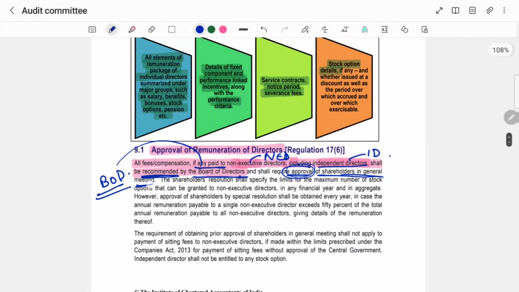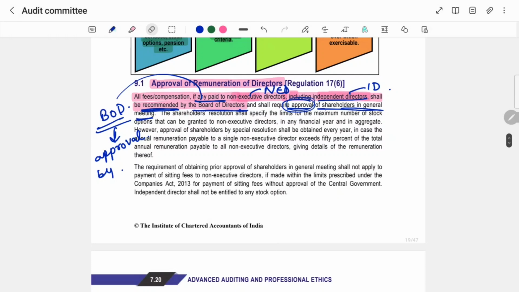Approval of shareholders in general meeting. Approval is recommended by board of directors, but approval is required by shareholders in general meeting.